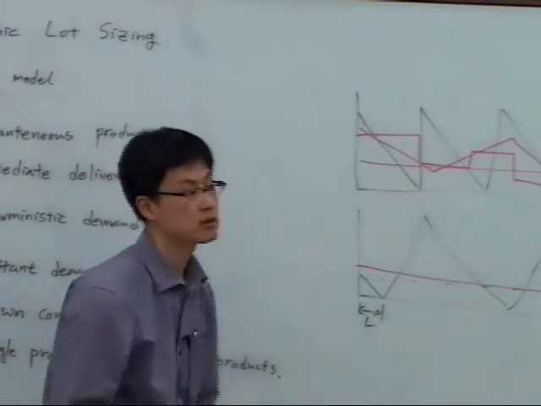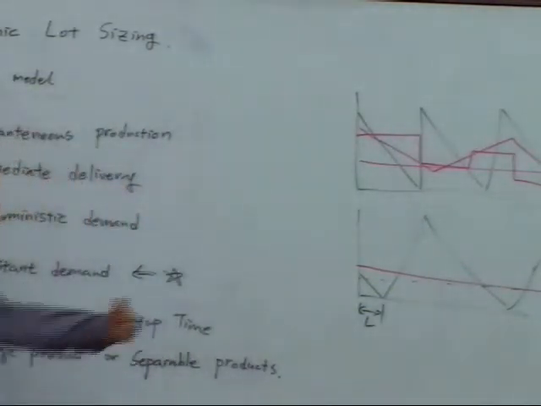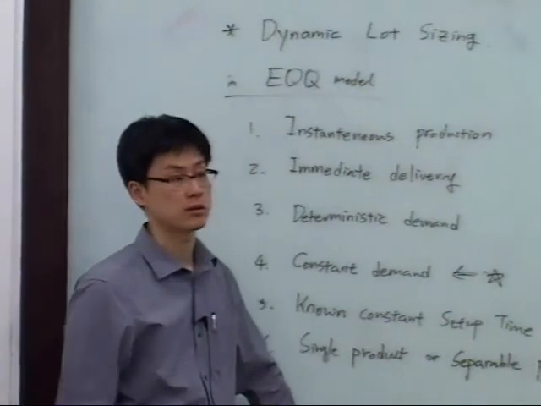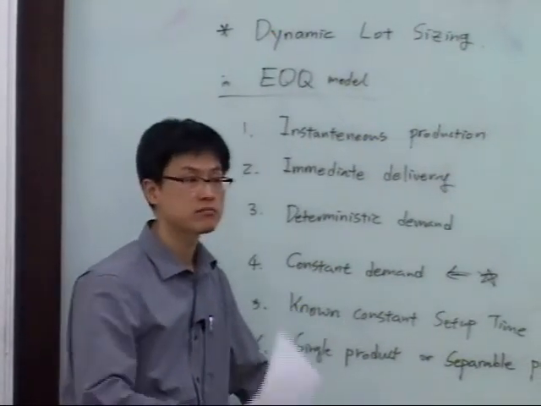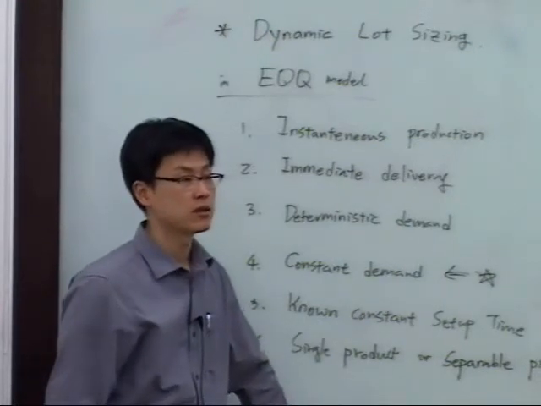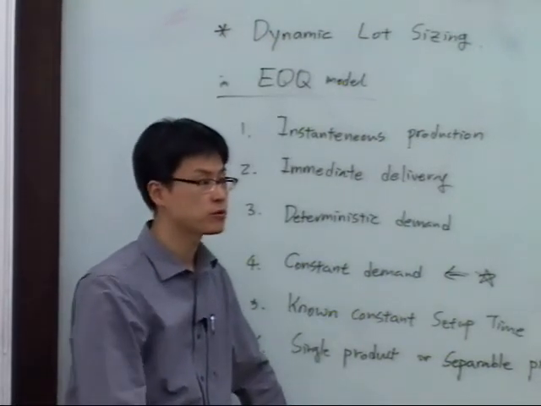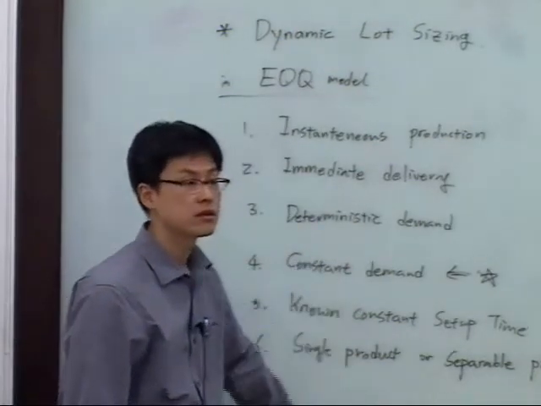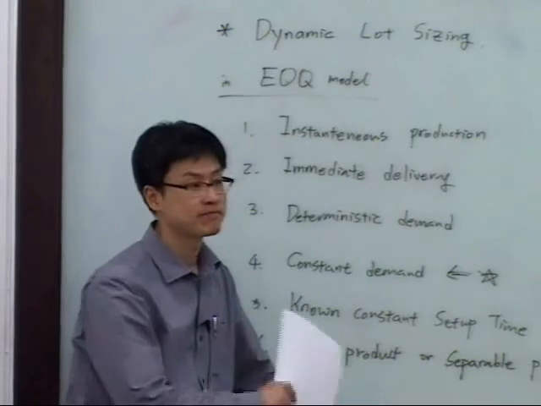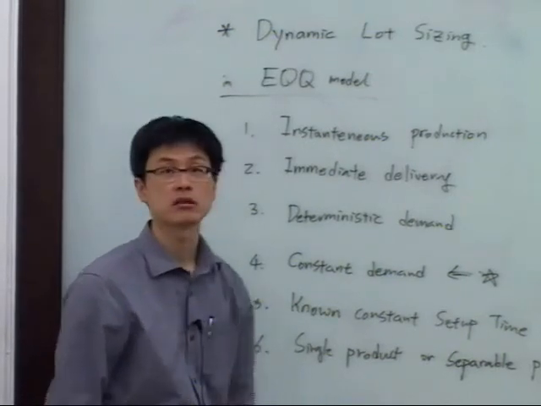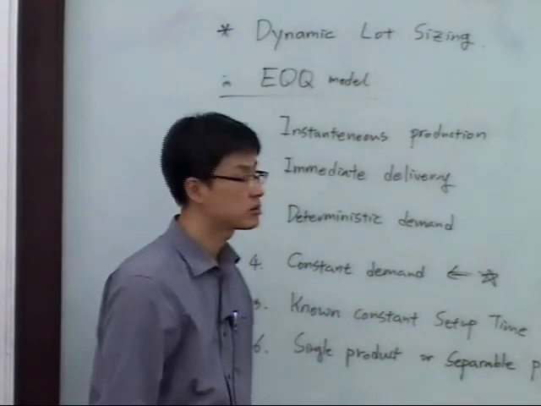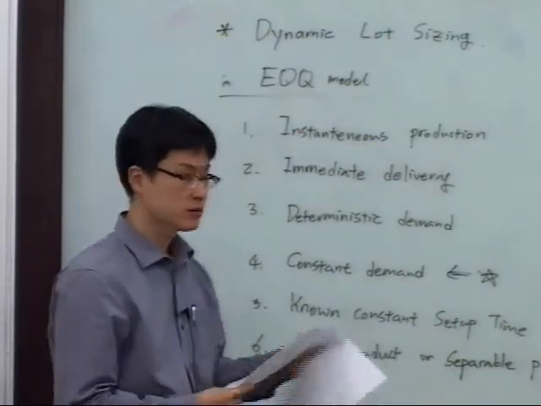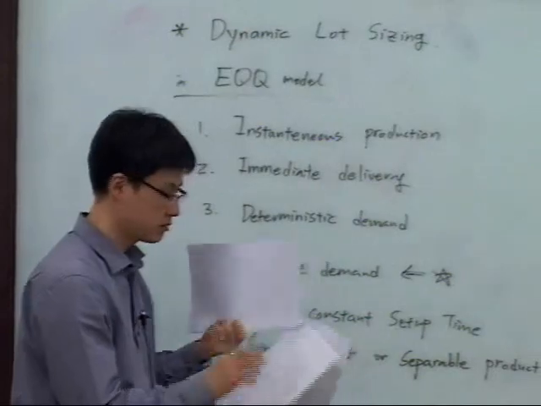So dynamic lot sizing is much closer to the real world problem compared to the EOQ model. And as classes proceed, we are also approaching the real world problem step by step by relaxing the assumptions. Okay, time's up. So we will continue on dynamic lot sizing from the example next class. Thank you.